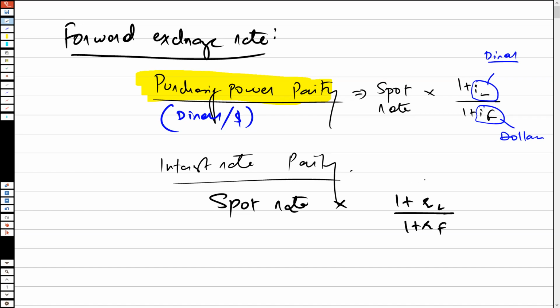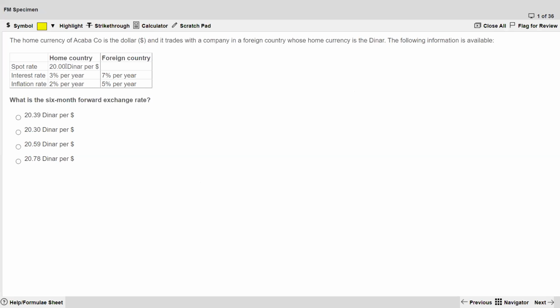Now, in this specific scenario, what information is being given to us? The question says your home currency is the dollar, and it trades with a company in a foreign country.